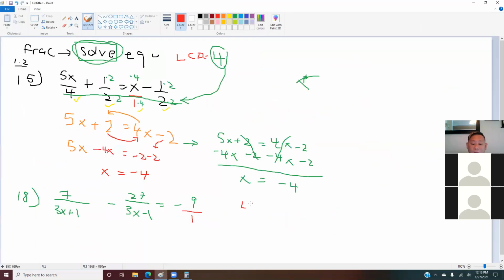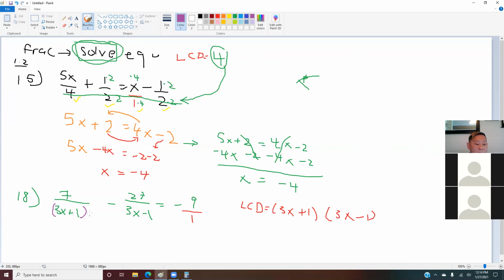And then I find the LCD here. 1, you cannot find an LCD for. So the LCD in this case will be 3x plus 1 and 3x minus 1, which is these 2. And then what you do next is to multiply this with your LCD.